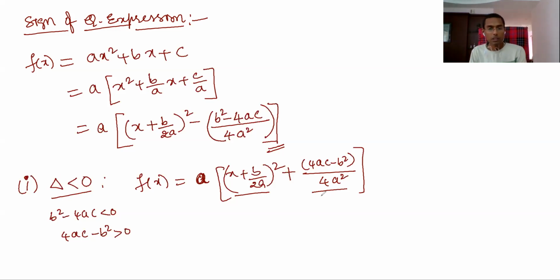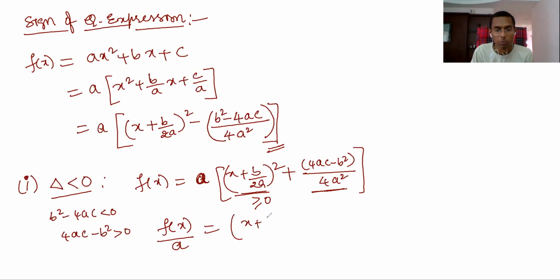So if delta is less than 0, I can simply write this as some non-negative term plus some positive number. Depending on a, if I divide f of x by a, then x plus b by 2a whole square plus 4ac minus b square by 4a square.